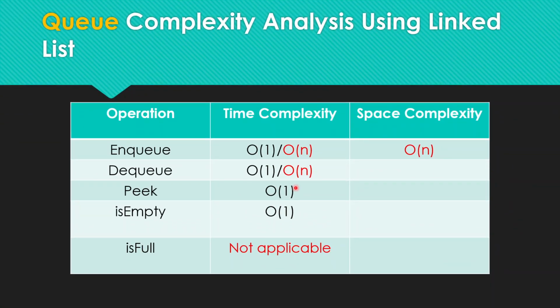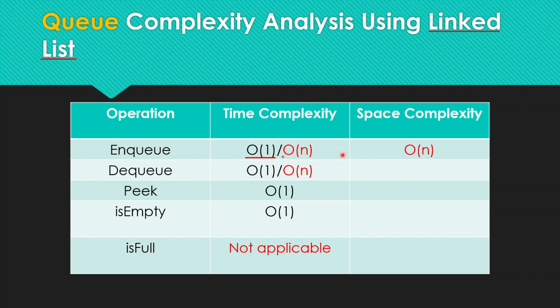When it comes to implementing that using a linked list, we have two scenarios for enqueuing, which is adding items. It can be O(1) if you do not have any other node on the linked list.